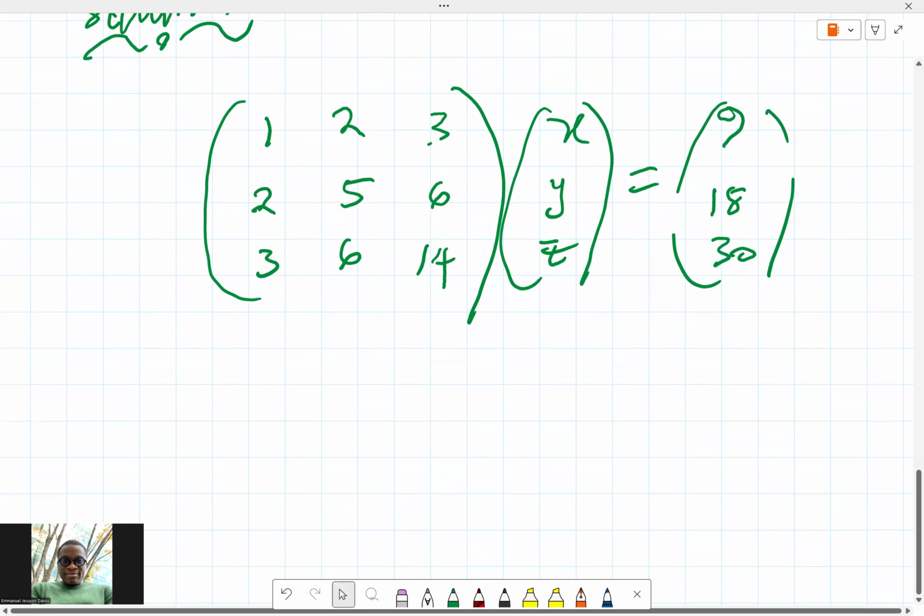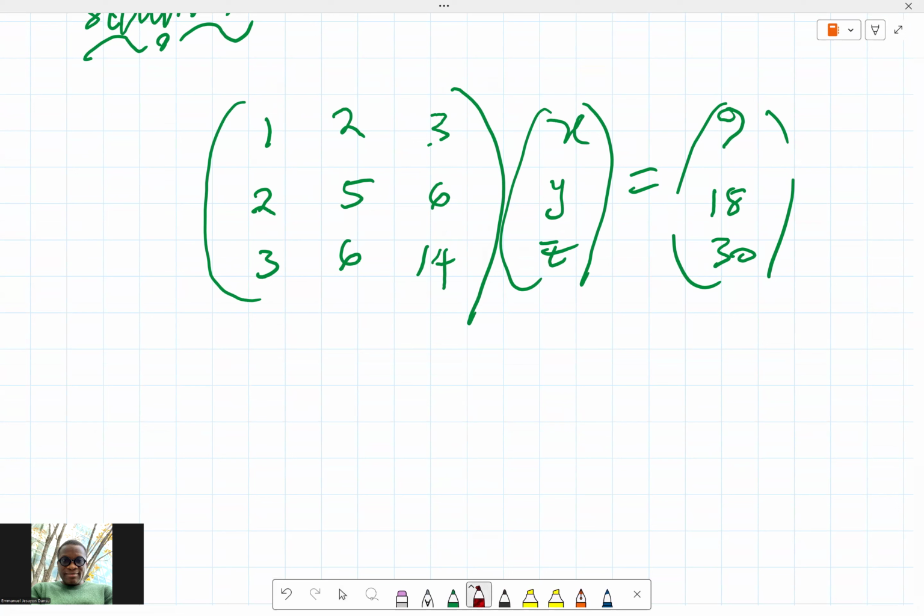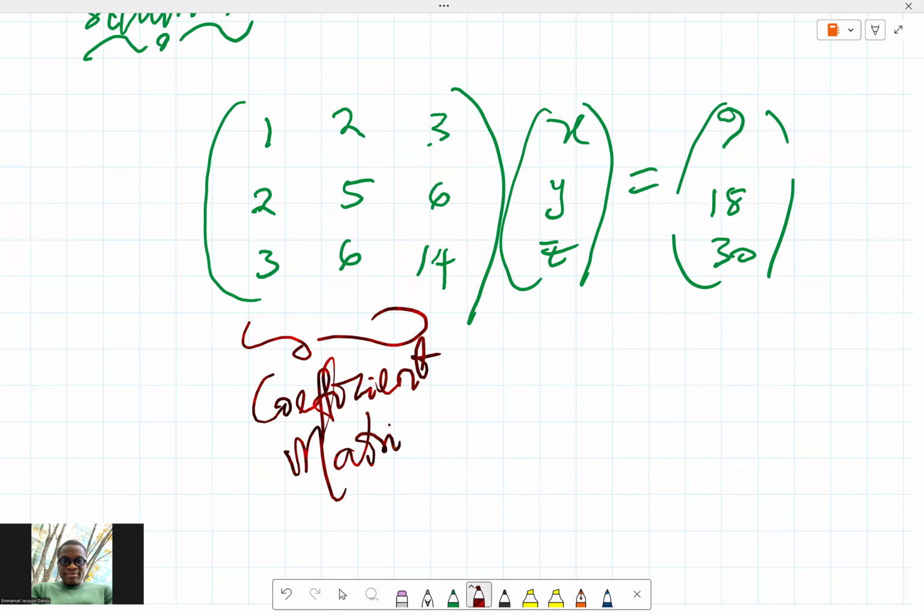So this is what is known as the coefficient matrix. And this, should I call it the solution matrix? I think I'll just call it the right-hand side for now.